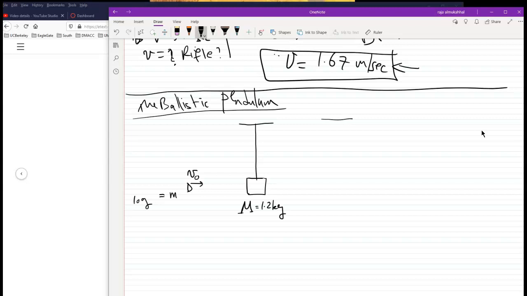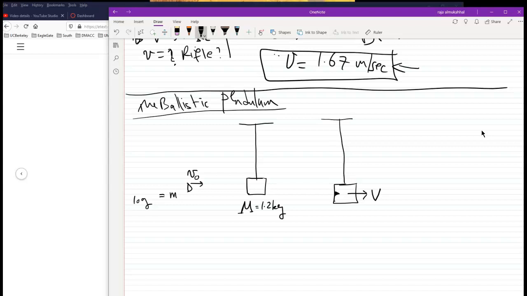I want to show you the moment the bullet is about to enter the block. Both the bullet and block system are going to start moving with one common velocity, big V. Make sense? This is an example of an inelastic collision, correct?